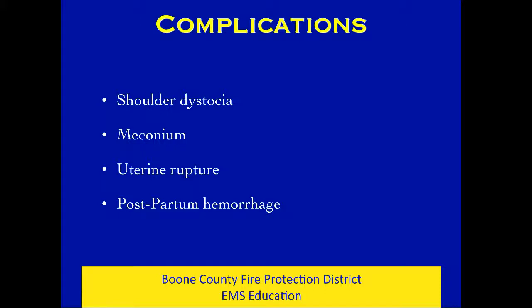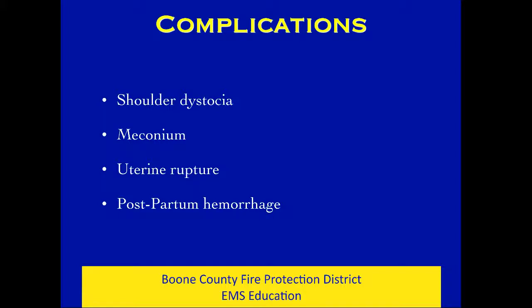So if your baby's having trouble breathing and there's meconium in the airway, then we're going to deal with it. Otherwise, we're not going to mess with it too much. But you should recognize that the presence of meconium means that the baby is stressed or was stressed at one point. And then uterine rupture can occur, and that sometimes goes along with that shoulder dystocia.